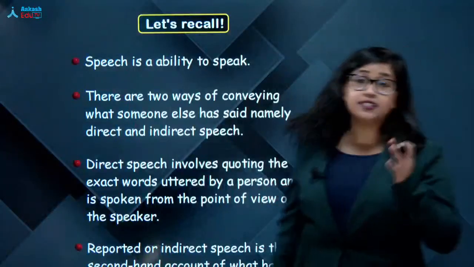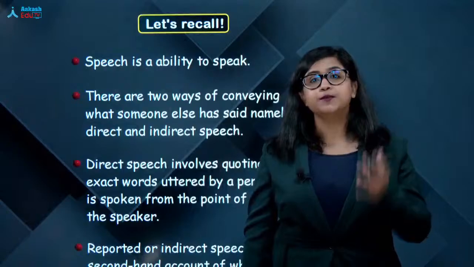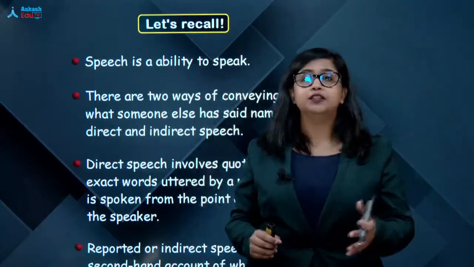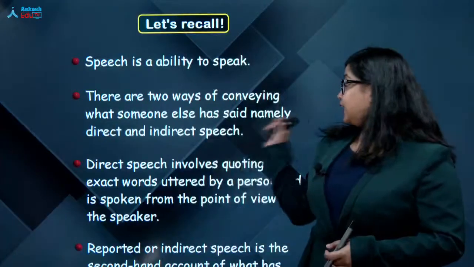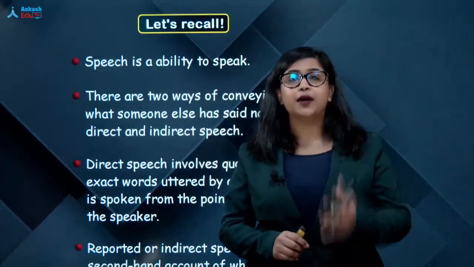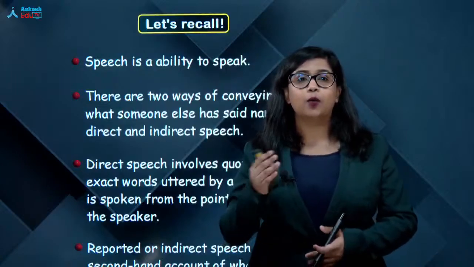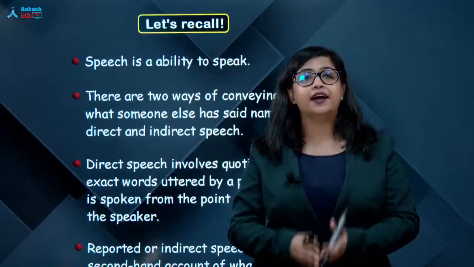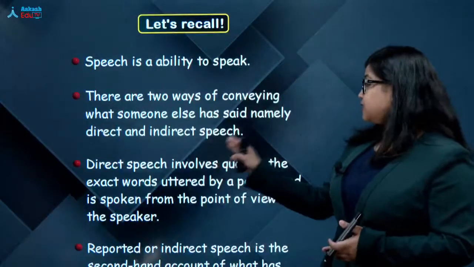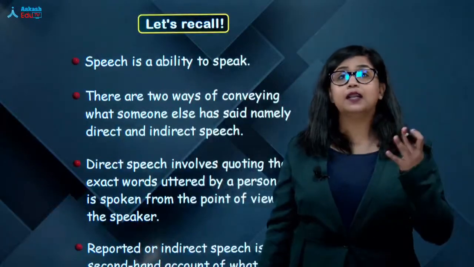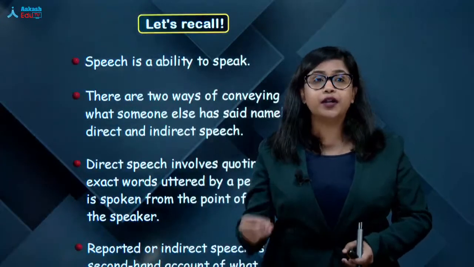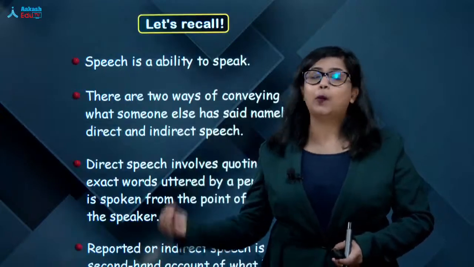Starting with the definition of speech. What is speech? Speech is basically the ability to speak. Then, there are two ways of conveying what someone has said. One is direct speech and the second is indirect speech. Now, what is direct speech? If you remember, in the last class I told you that direct speech means that you are quoting exactly what someone has said.